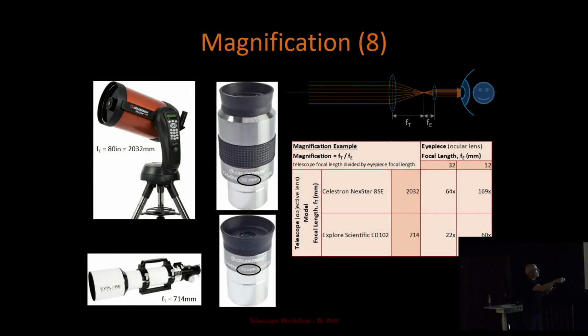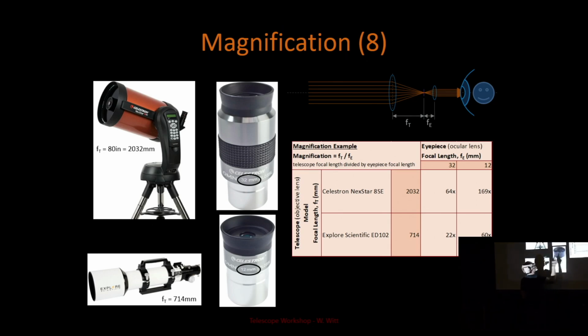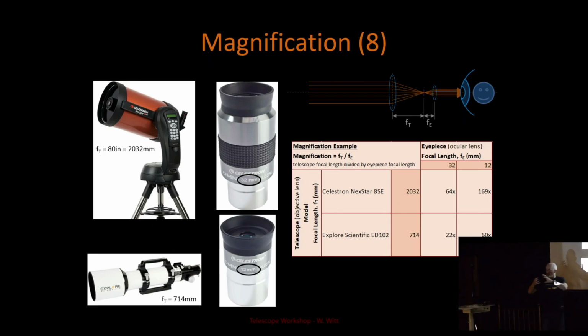So here's an example of this. And again, we have telescopes and stuff like this on the floor if you physically want to see what these look like. Here's a telescope that has a 2032 millimeter focal length, about 2 meters. And then here are 2 eyepieces, ocular lenses, 32 millimeter focal length or 12 millimeter focal length. So we can calculate the magnification by doing this division.